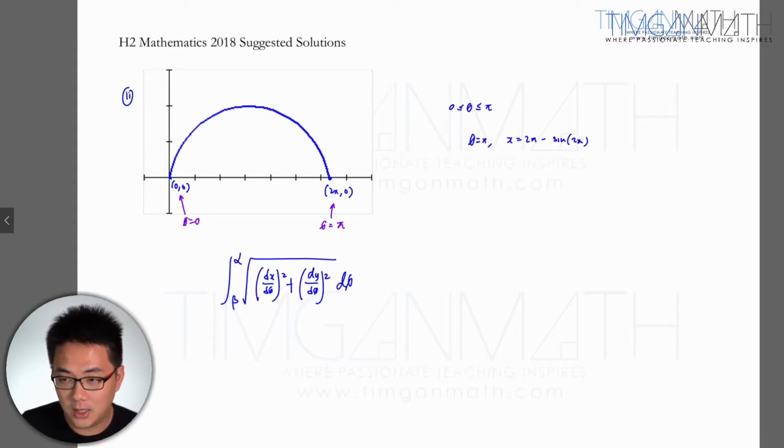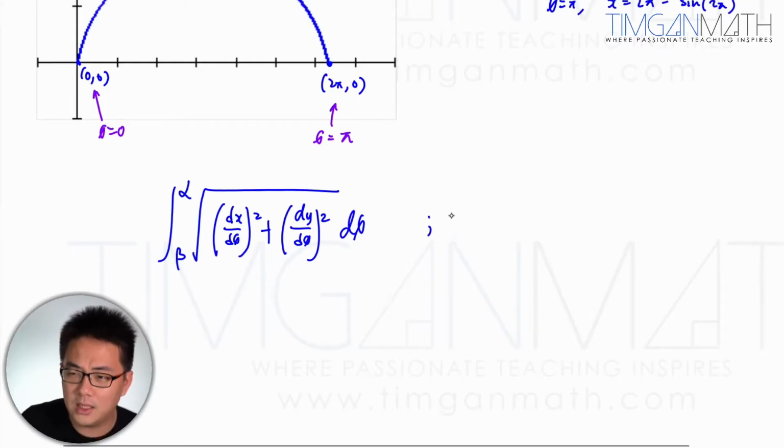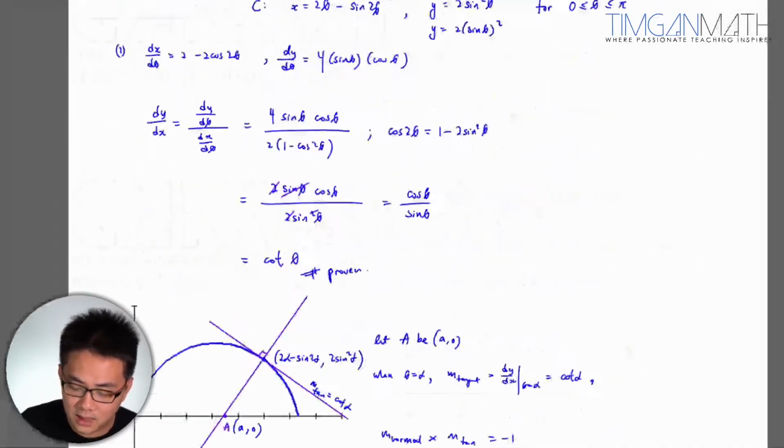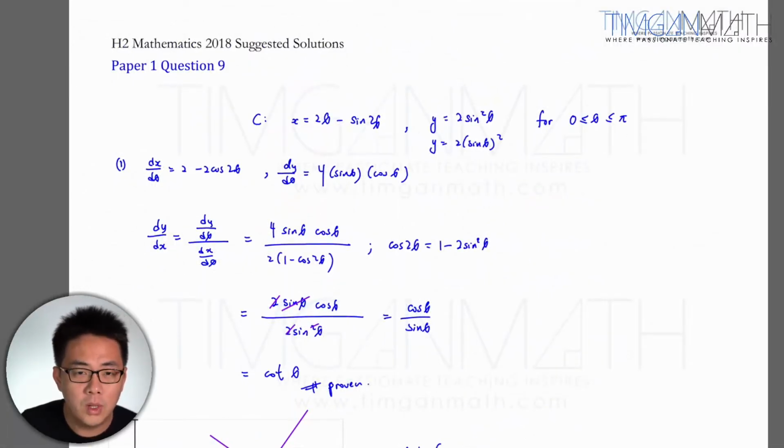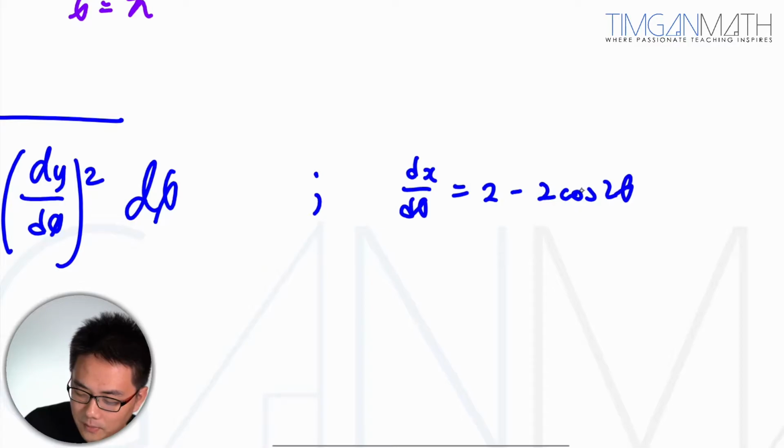So let's try and see what we can do. I think it's pretty okay, because what we need to do is just put the dx/d theta inside. dx/d theta is 2 minus 2 cosine 2 theta.